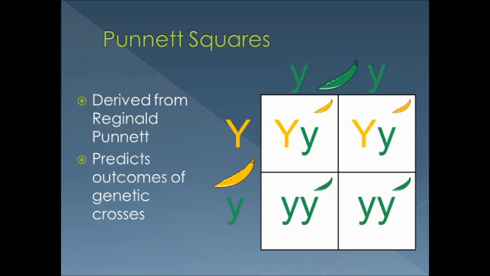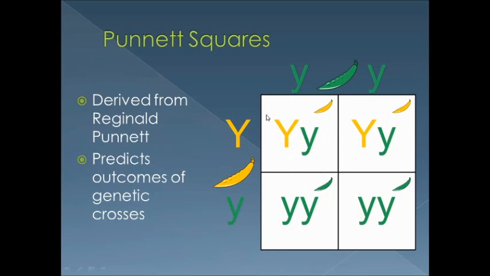So for each Punnett square, you go through and combine the genes that meet at that square. So big Y and little y meet here, big Y and little y meet here, little y and little y meet here, and little y and little y meet here. So you can see that the two top possibilities are heterozygous because they have a big Y and a little y.